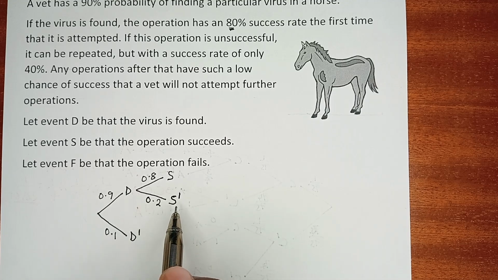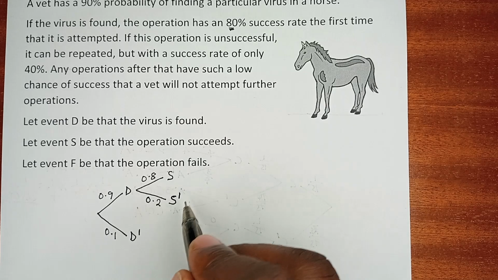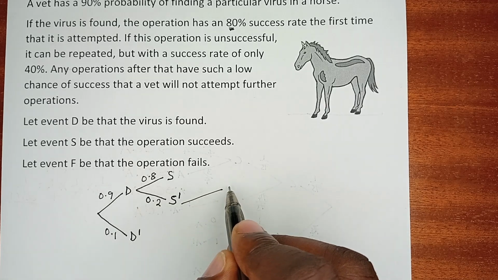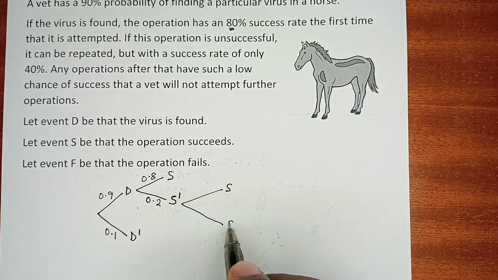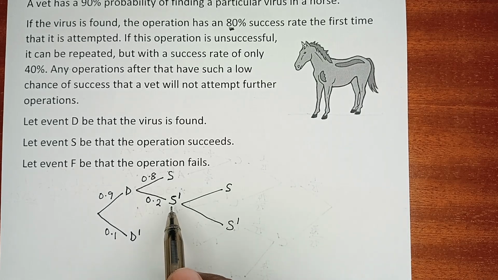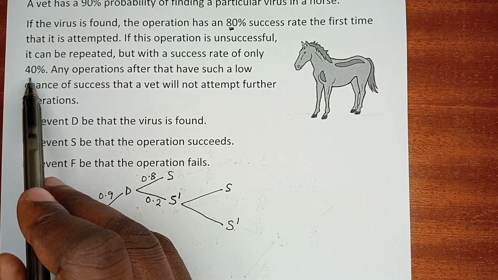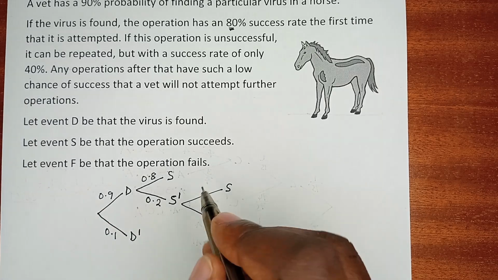If we are not successful in the first attempt, it means we have another chance of operating the horse. This time we can be successful and we can also fail. If we fail to cure the horse in the first attempt, we can try again, but with a success rate of 40%.